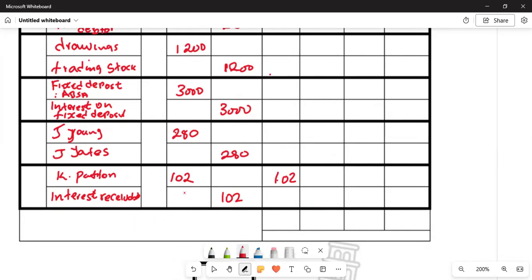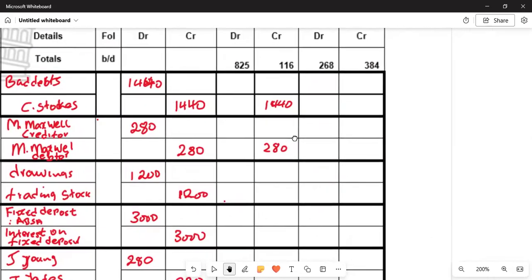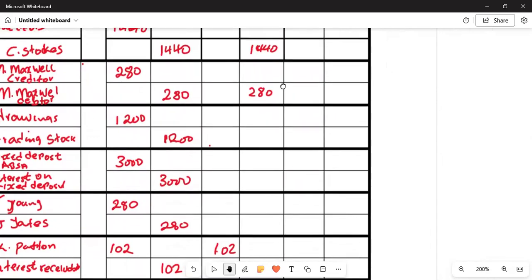So we are to make the totals now, the totals for debtors control as well as creditors control.